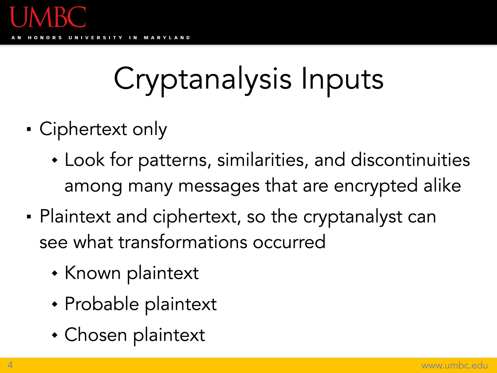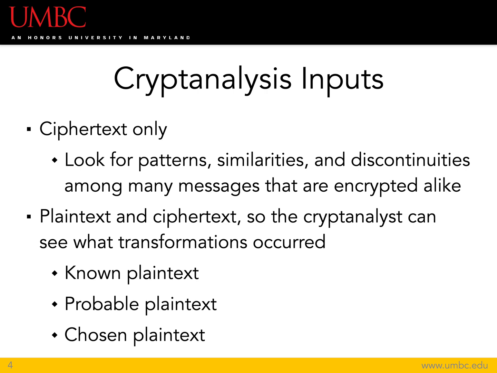If, however, you have any access to some part of the plaintext, you're probably much better off. And there's three basic variants of plaintext that you might use as inputs to an encryption algorithm. A known plaintext attack is where you know exactly, word for word, what was in the plaintext that produced a particular ciphertext.